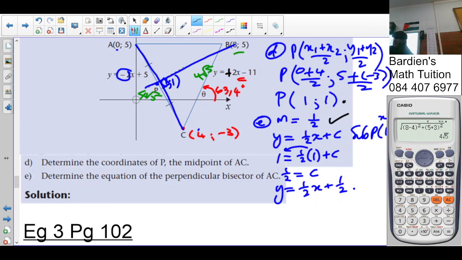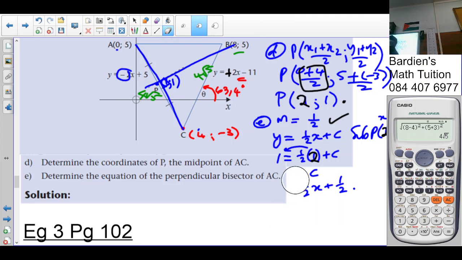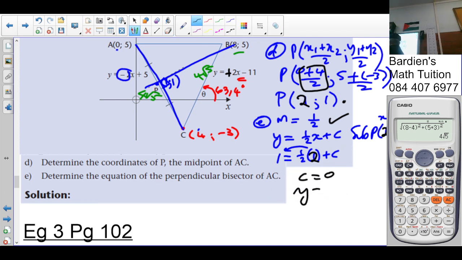The coordinates of P? No. Oh, that is 2. That's my mistake. It's 2 and 1. So that x is 2. So that's 1, so it's 0. C is 0. So C is equal to 0. Y is equal to half x. Sorry about that.